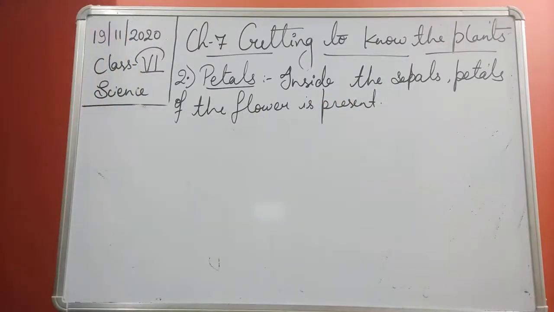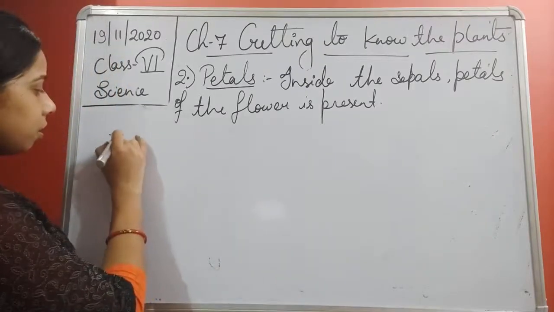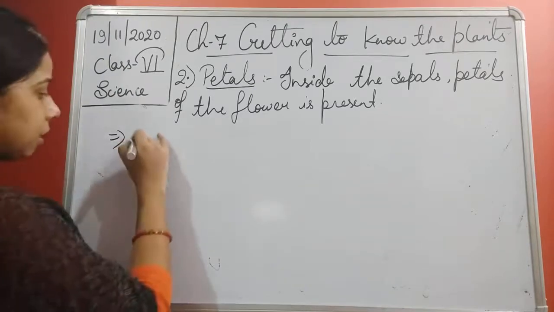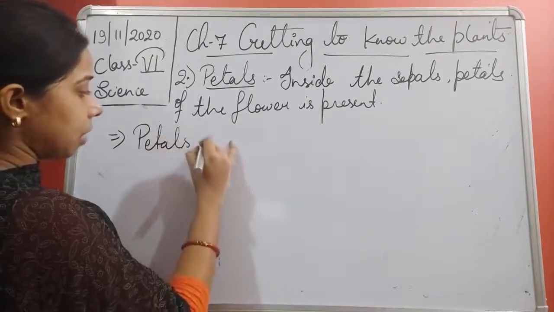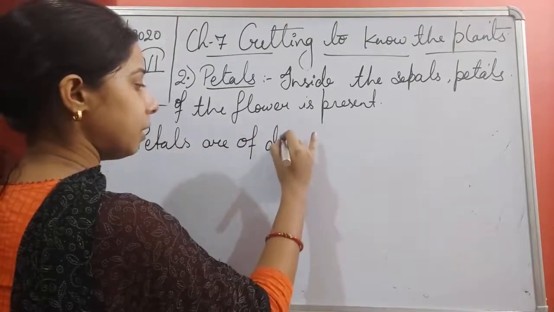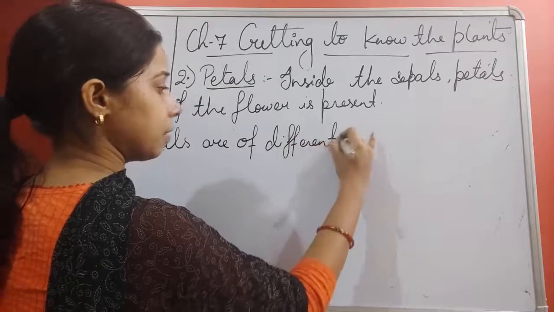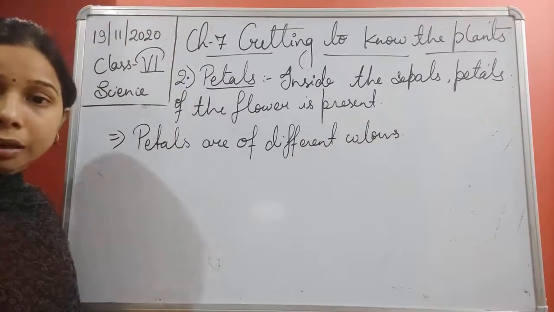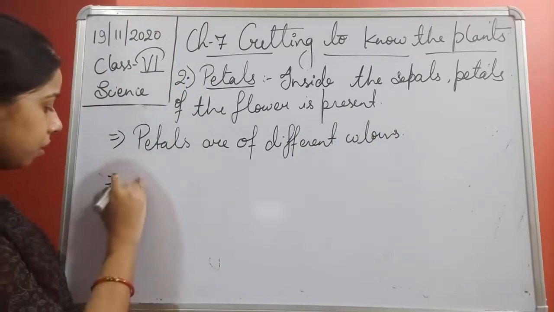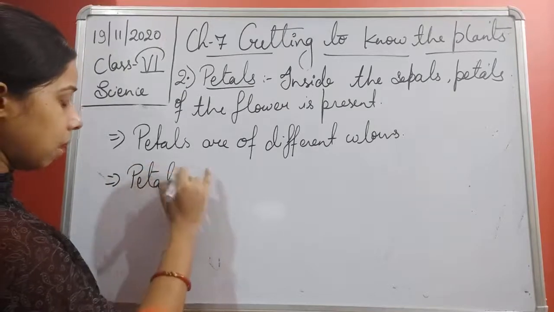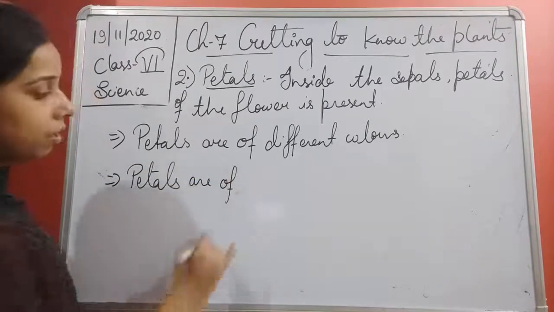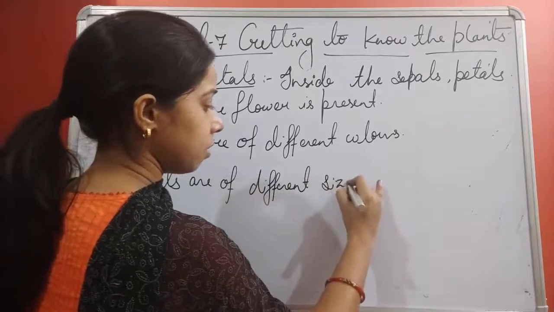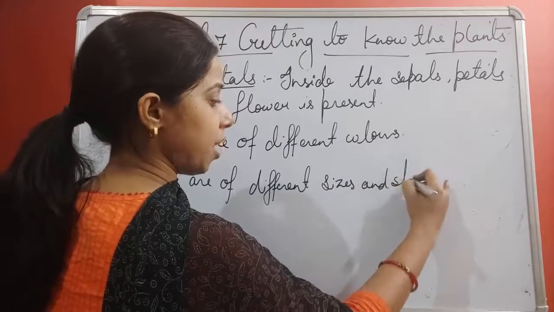Okay. Now, when you look at the petals, what are the things that are there in the petal, students? Petals are the colorful part, you can say. Petals are of different colors. Not only are they of different colors, but petals are of different sizes and shapes.